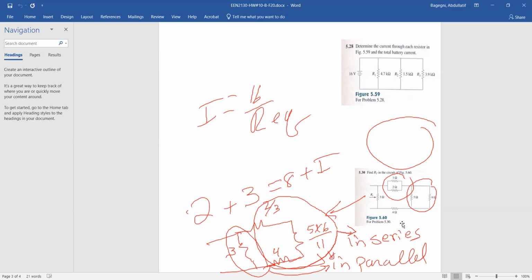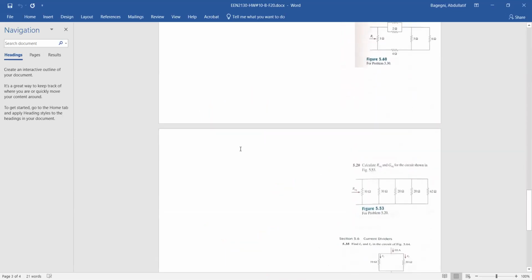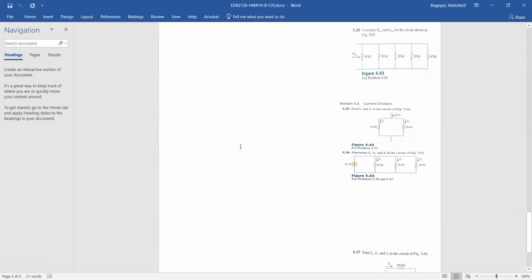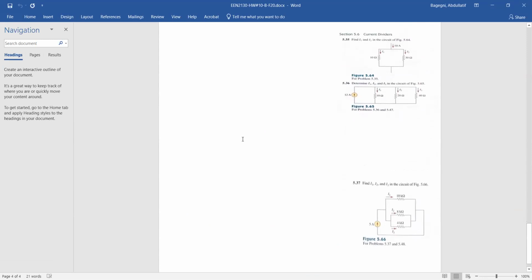After you combine those 3 in series, the result is combined with the 3, all in parallel. I think we did this one time in the class.